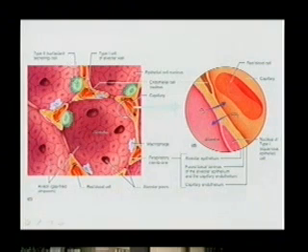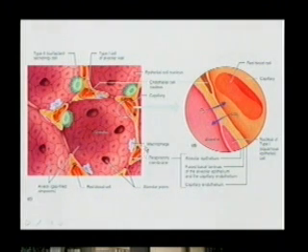And the type 2 are the surfactant secreting cells, and of course the surfactant is essential for preventing the collapse of the alveoli, reducing surface tension. There will be macrophage that will infiltrate from the vasculature, but that's no need for us to be concerned about right now.